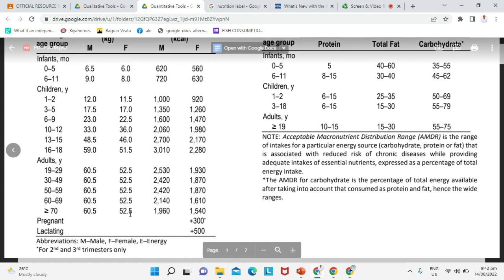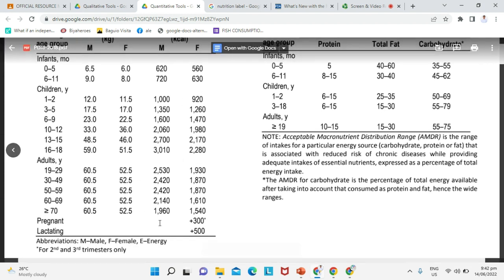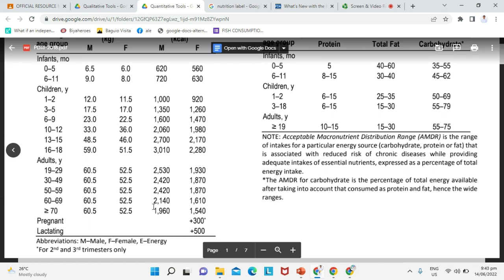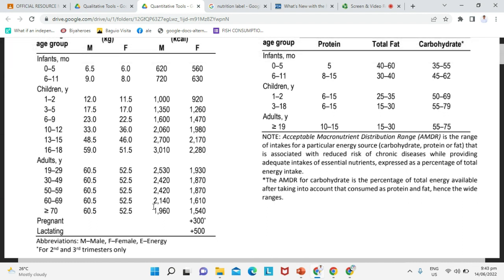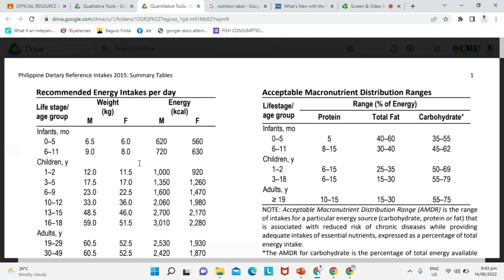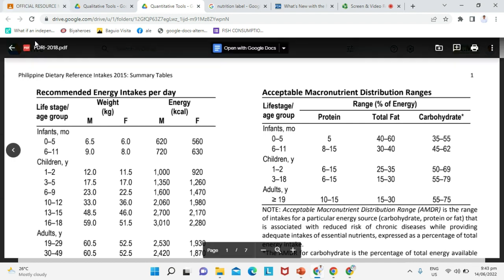Generally, tan-awon nimo ang pattern, mas dako gyud ang energy requirements sa lalaki because again, mas taas ang lean body mass proportion or ang proportion for muscles no sa lalaki compared sa babae. Okay? Kay mas metabolically active man gud ang muscles compared to fats nga mas daghan sa babae. Okay?